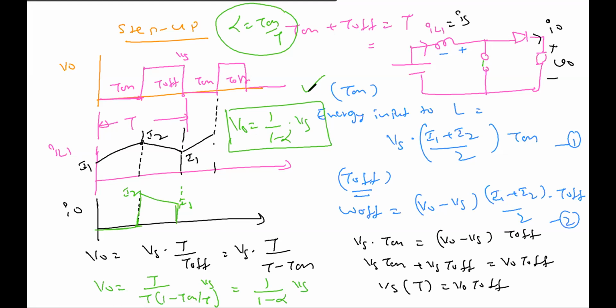ये क्यों आ रही है? Why the output voltage is more than the supply voltage? Because I have inductor. अगर इधर inductor नहीं तो क्या होगा? If the inductor is not there, the energy will not be there. Additional voltage will not be obtained with the load.